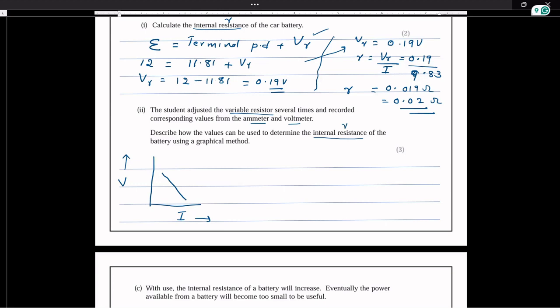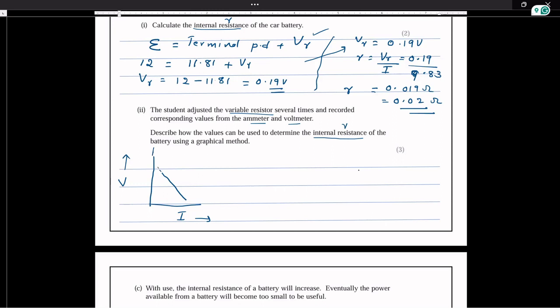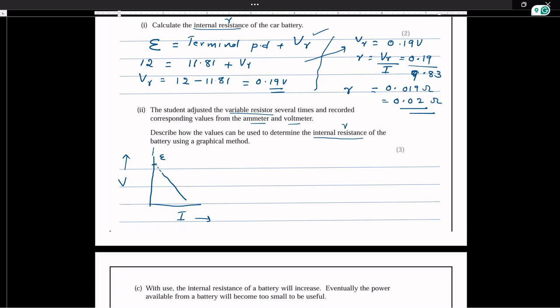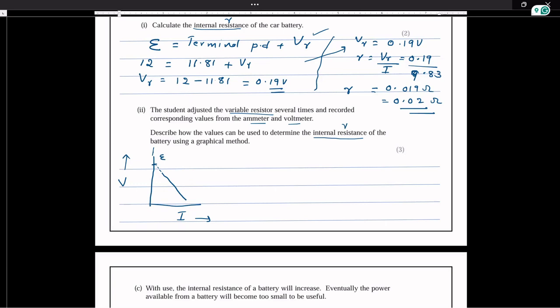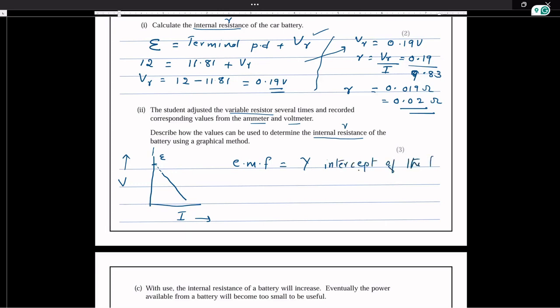Extending the graph backward, the y-intercept of the line is the EMF. EMF equals y-intercept.